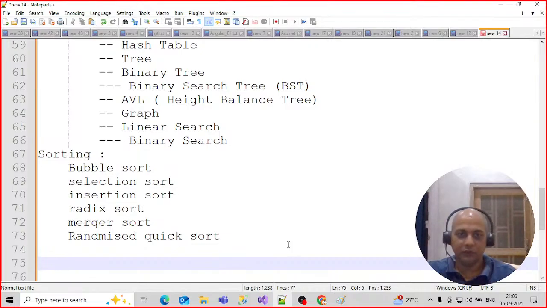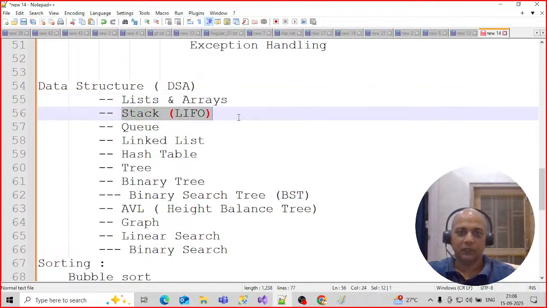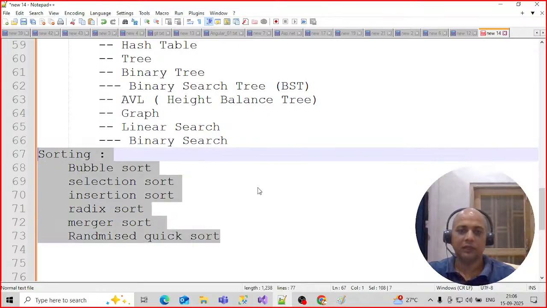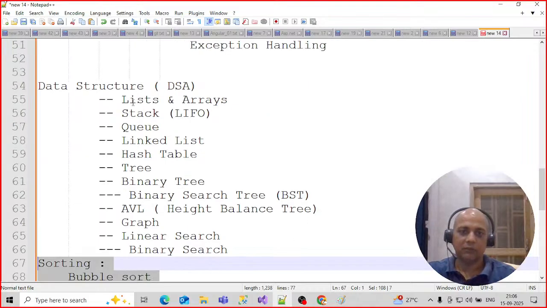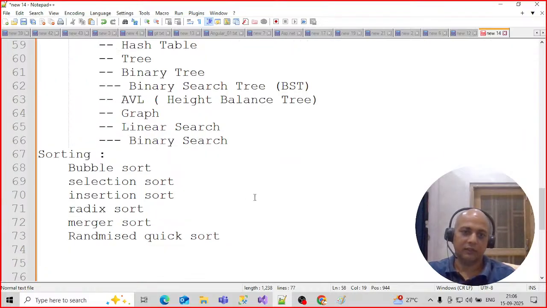What happens is, people know these things theoretically. People know what is a stack, but actual implementation is demanded. So how you implement these concepts and how you solve the problem using these techniques, that is a very important thing. We have to take care of all this.